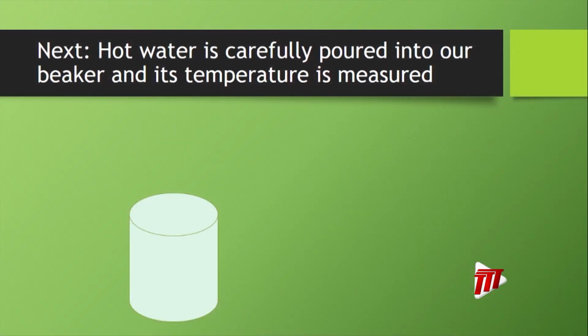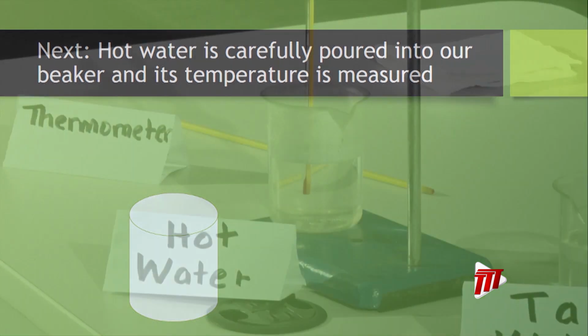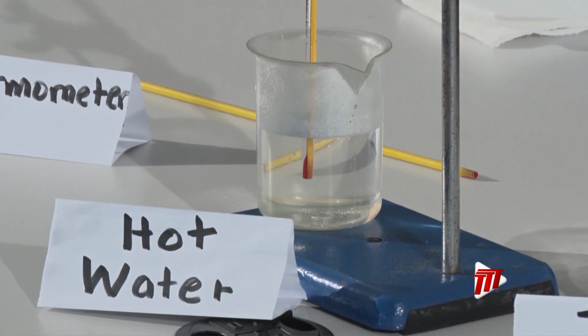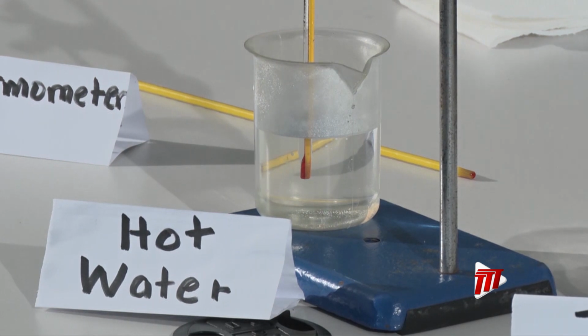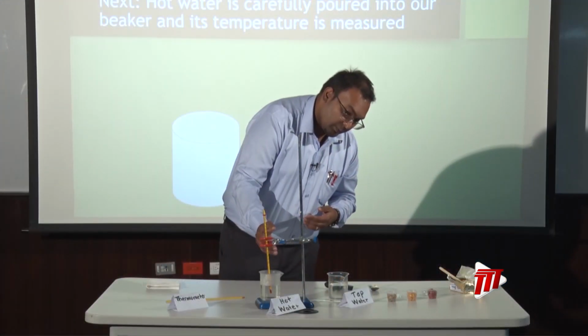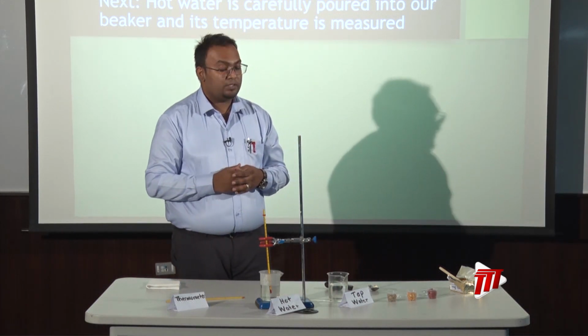Okay. Right. So now we would like to repeat the experiment using hot water. Here we have the same amount of hot water we used when we did the experiment with the tap water. And again, the same things we apply. The thermometer bulb is fully immersed.